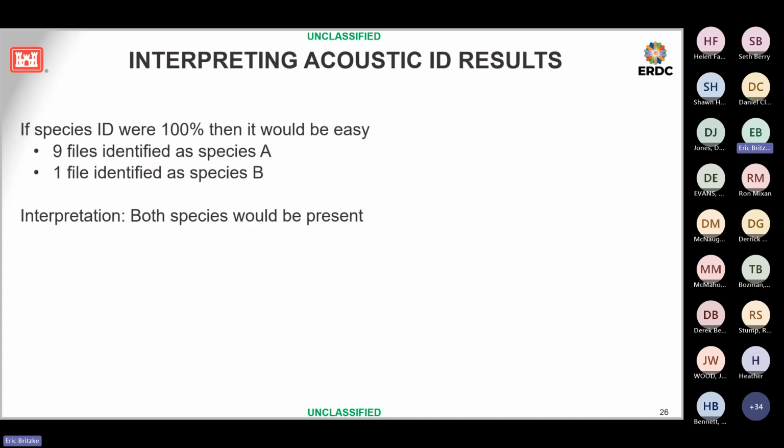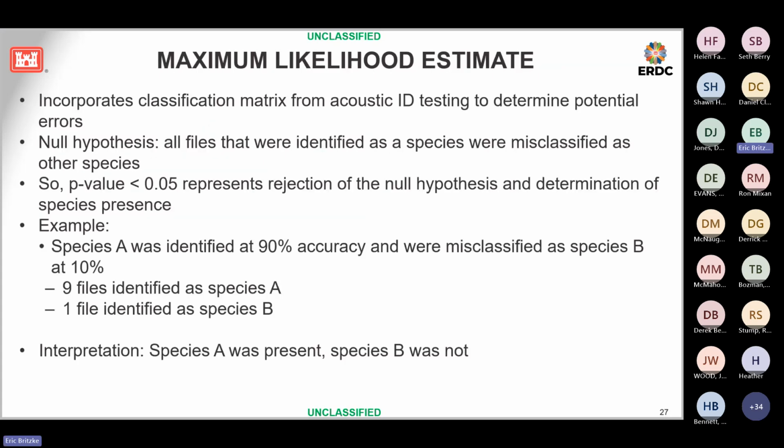For our acoustic ID results, if the species IDs were 100% accurate, and we had 9 files identified as species A and 1 file identified as species B, then we'd say both species are present. Done, no big deal. Unfortunately, this is not the case. So what we utilize is a method called maximum likelihood estimate, or MLE.